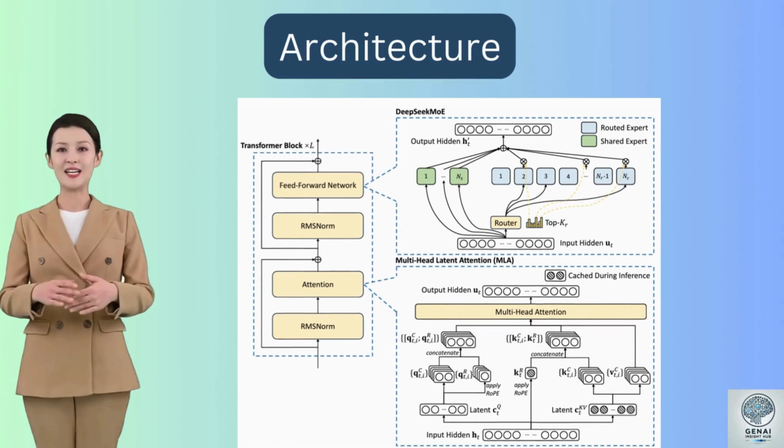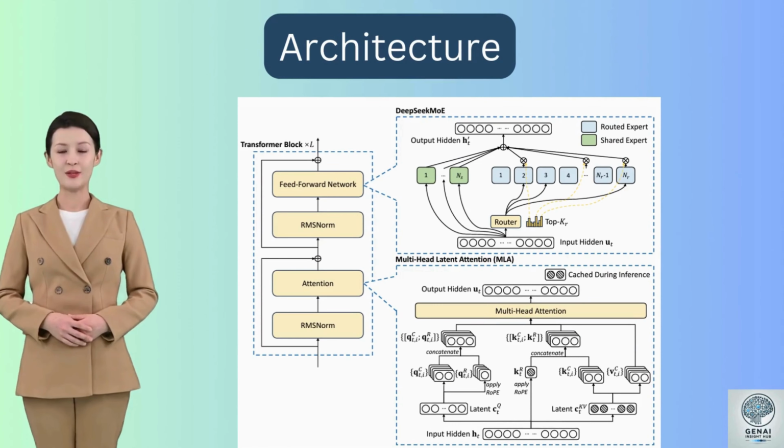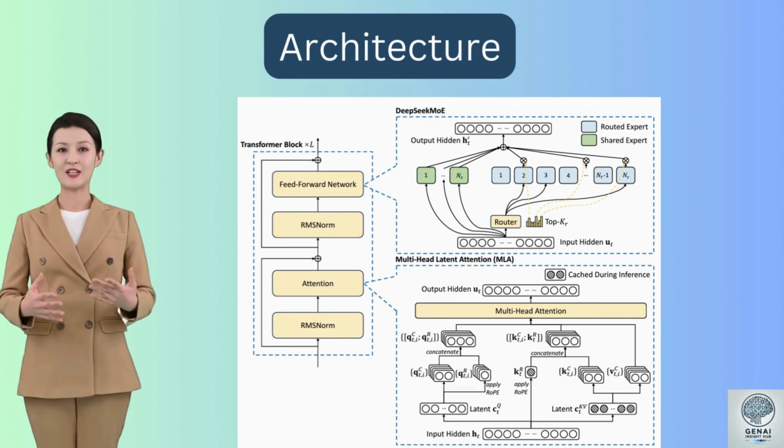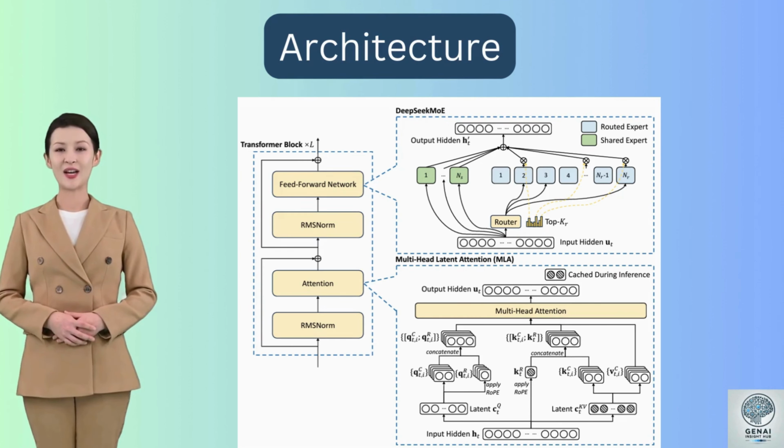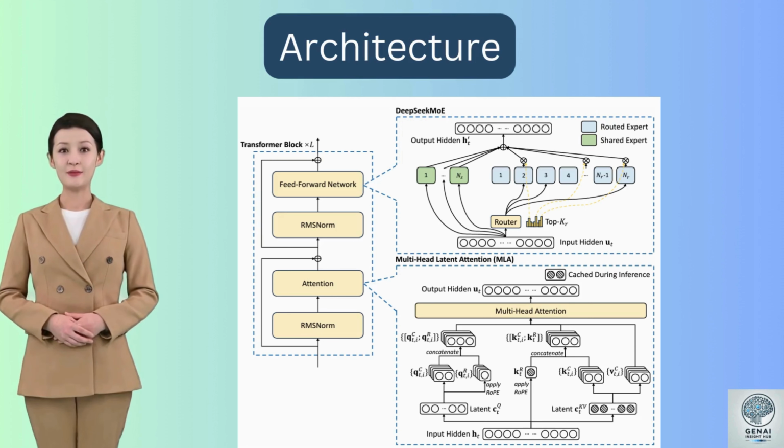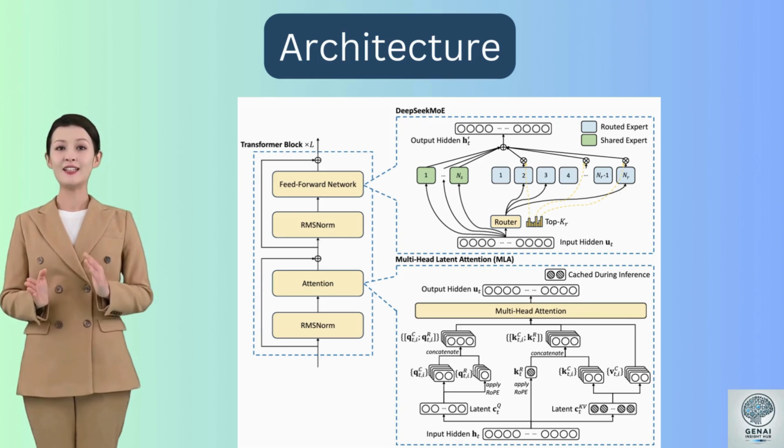Architecture: DeepSeek v3 builds on the Transformer framework, featuring multi-head latent attention (MLA) for compressed key-value caching and efficient inference. It employs DeepSeek MoE for feed-forward networks (FFNs), allowing finer-grained expert selection.